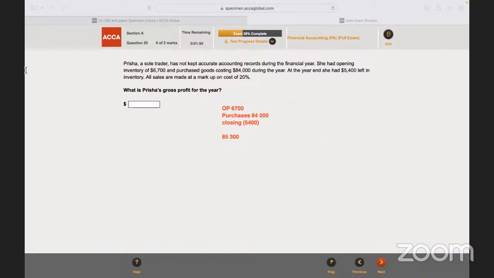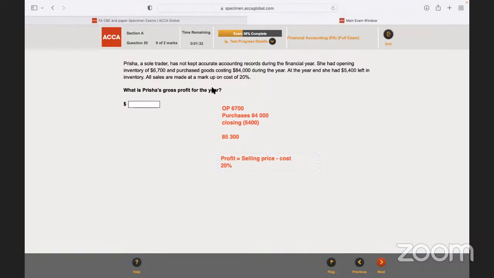Now they're asking gross profit, no guys. So normally how does it work in accounting? Profit is equal to selling price minus cost. Now guys, if the business is using a markup, then the profit is 20%. Understood, guys?